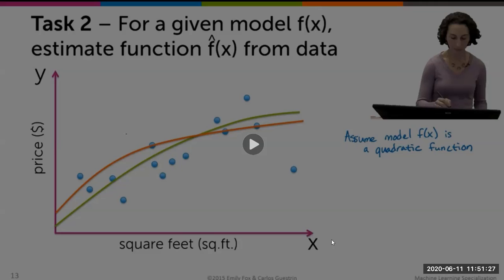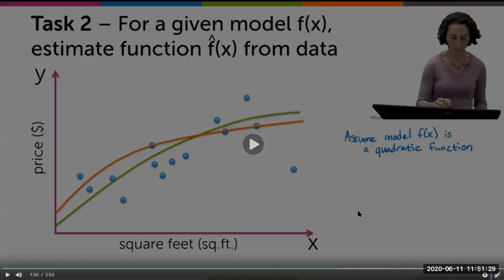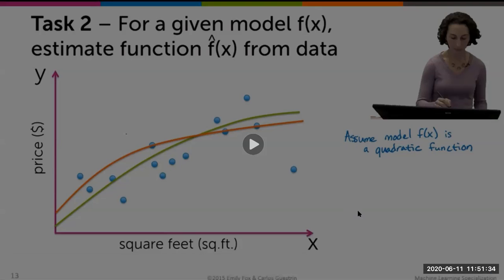The same thing applies here. In this scenario, we could come up with many different models. She's going to discuss now the pictures of different possible models. You can see in this graph, on this screen right now, two different models.